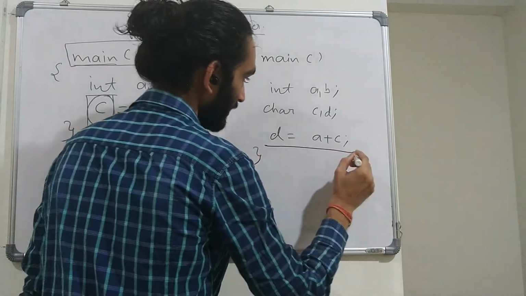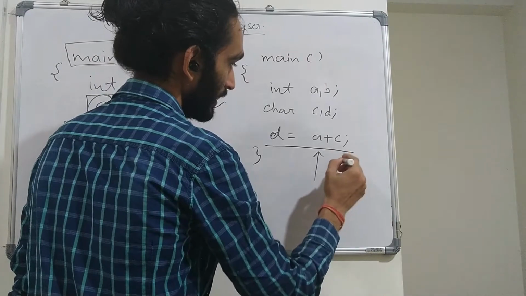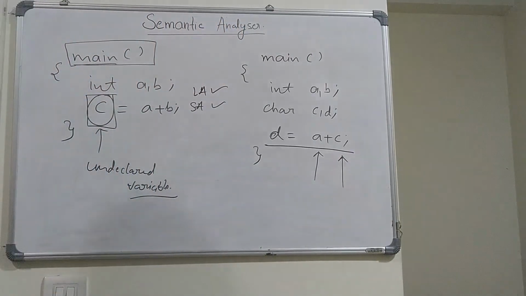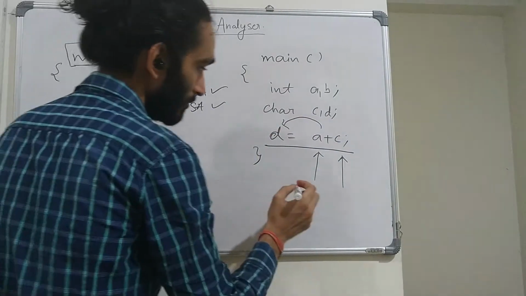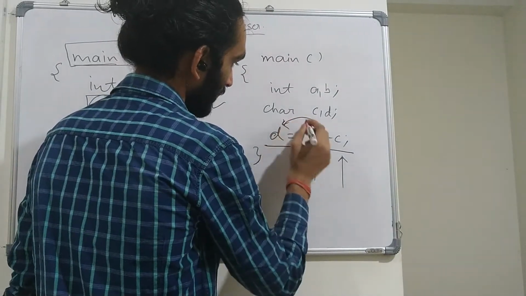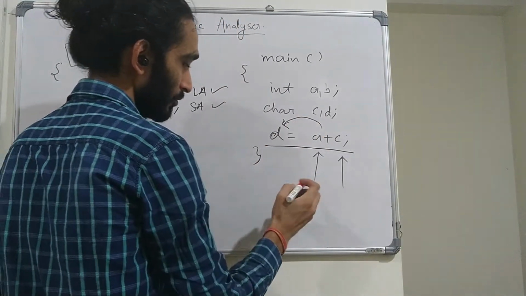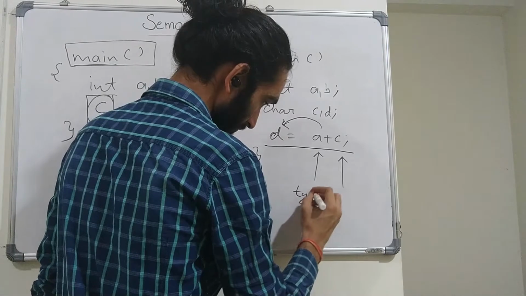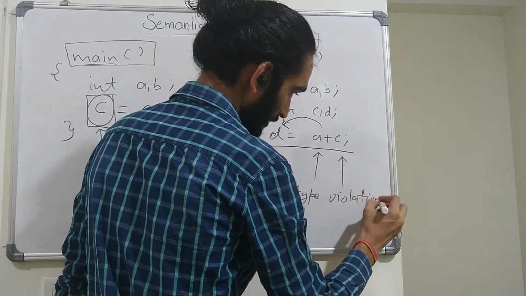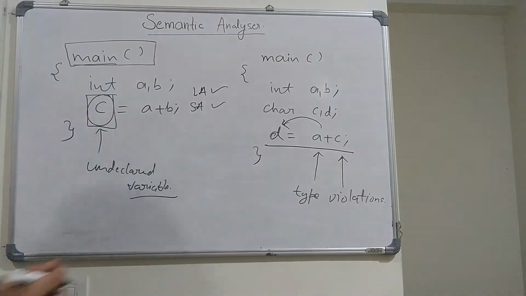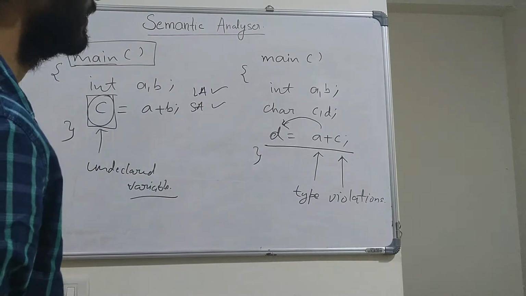But in this statement, we are trying to add two different data types and trying to assign the result to a different data type, right? So these types of errors come under semantic errors, and basically this type of error is known as type violation. They are violating the type properties of addition or subtraction or multiplication, whatever they are, and there can be many.